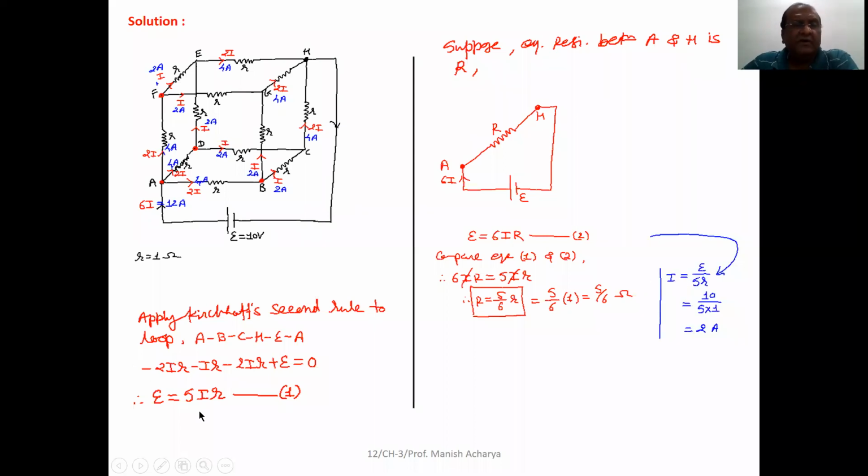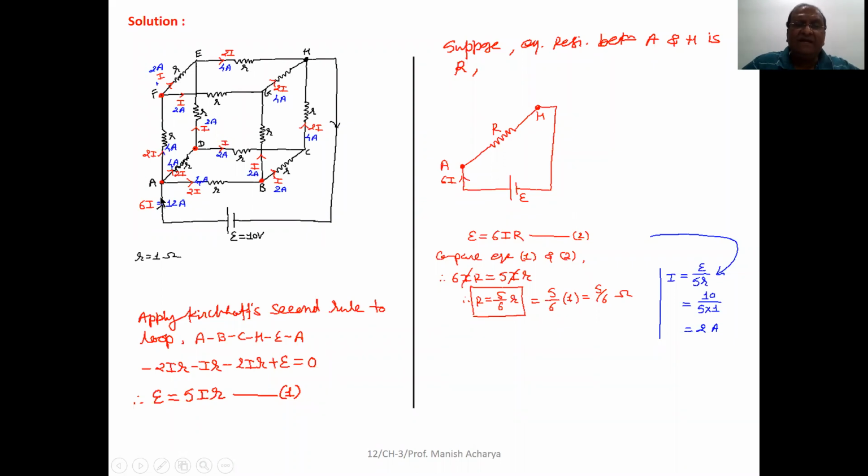Now, from equation number 1, we can write I equal to E upon 5r. So E is 10, 5, r is 1. So your I comes to 2 ampere. Now, the battery supplies 6I current that we considered. I, we calculated as 2 ampere.